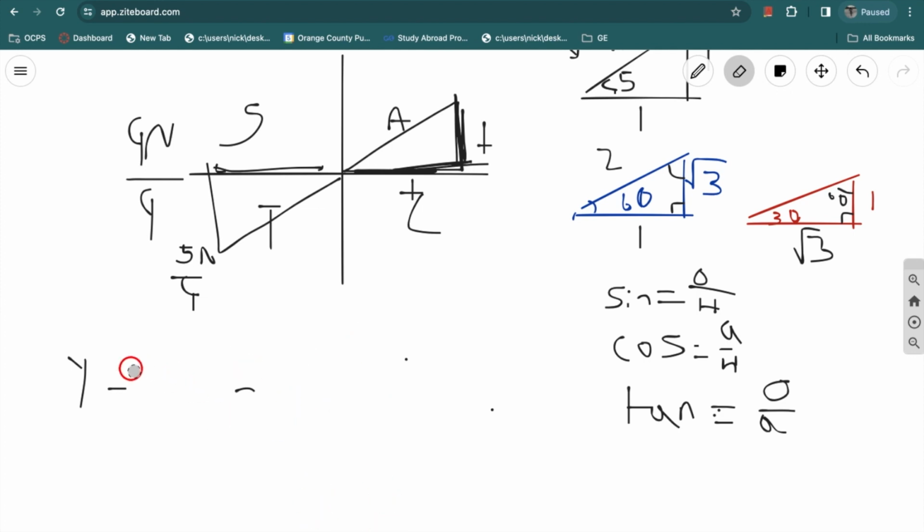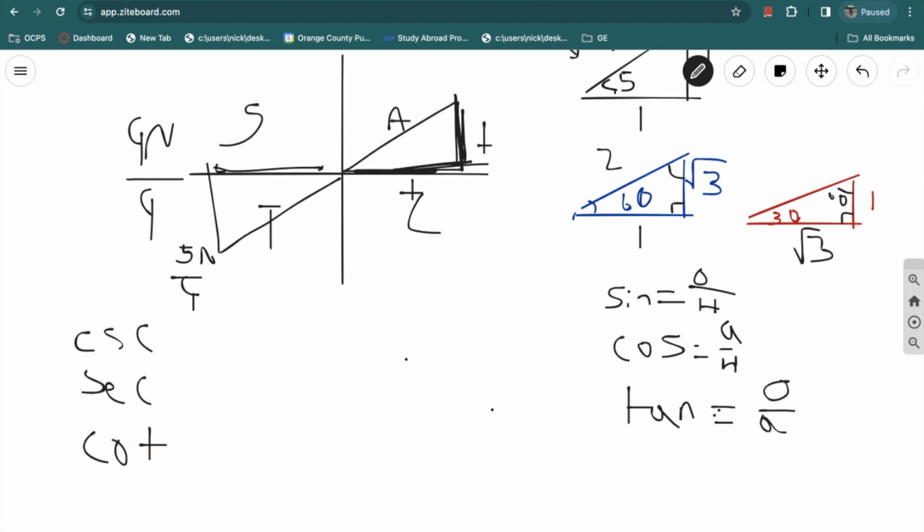So let's do some examples to find the y value with an angle. Let's do some inverse equations. Okay, I'm sure you know we have cosecant and secant and cotangent.